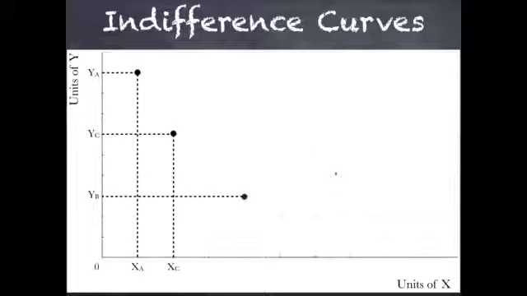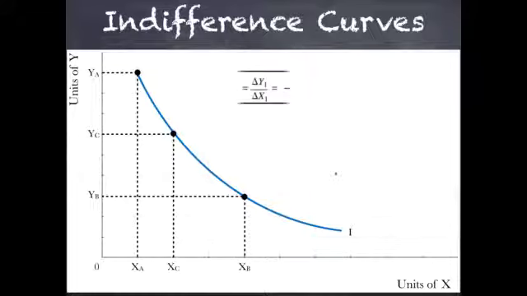And we have another combination, B. And if we have a line that connects all three of those points, these points here all yield the same utility because they are on the same indifference curve.